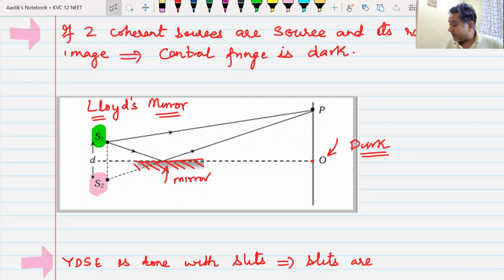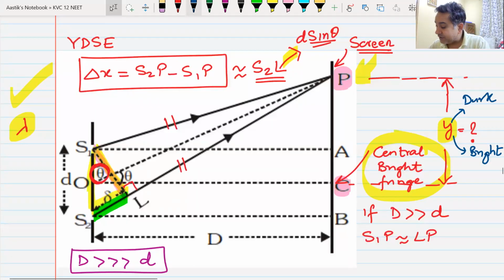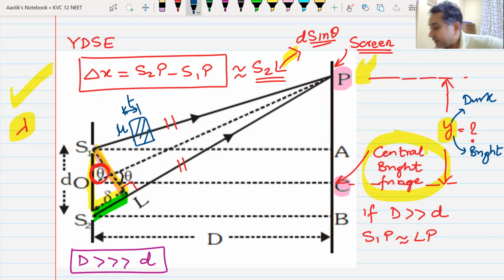The same thing could be done if I introduce a glass slab here, a glass slab of thickness T and refractive index mu. This also causes a shift in the interference pattern.